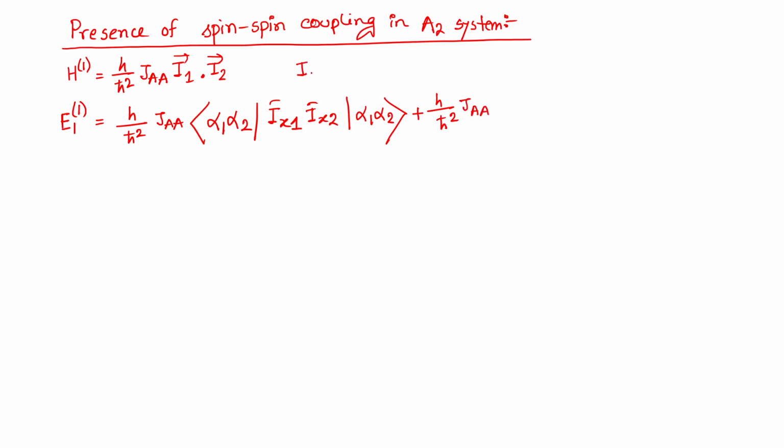Because your I1 I2, the vector scalar product of that, is going to be I X1 I X2, obviously X is going to be there, then I Y1 I Y2 plus I Z1 I Z2, on alpha 1 alpha 2.